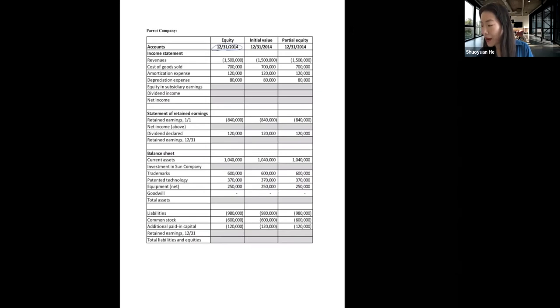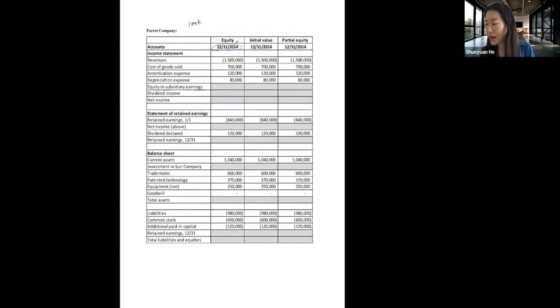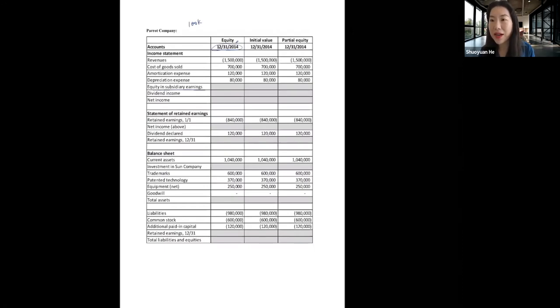First, if the parent used the equity method, the parent will record equity in subsidiary earnings, which will be the subsidiary's income in the current year minus the current year amortization. So this will give you 93,000. And then under the equity method, the firm is not going to record any dividend income.